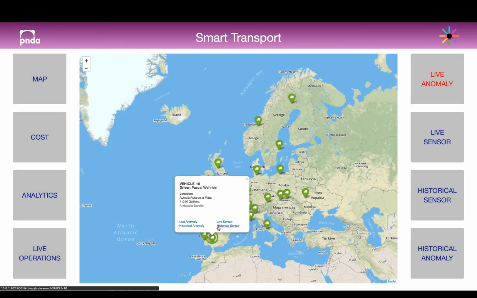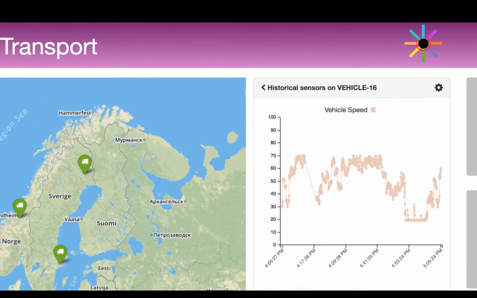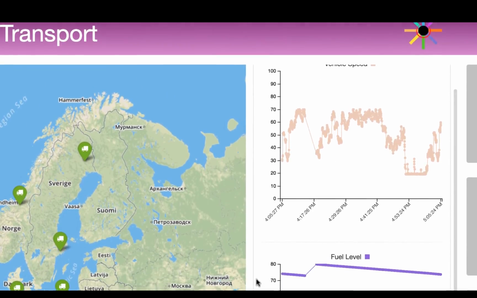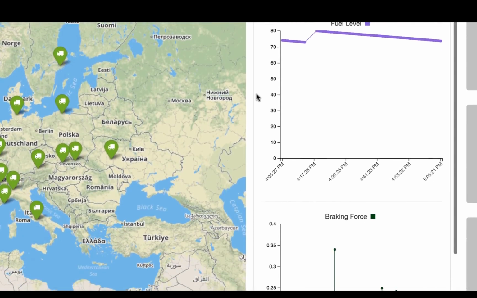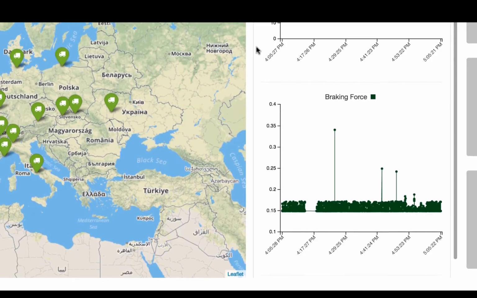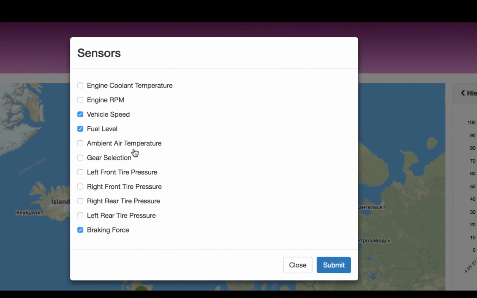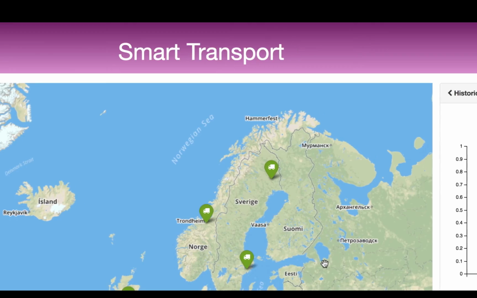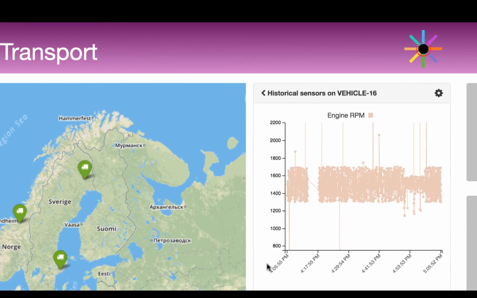So just to illustrate the fact that that data is stored in a database, we can click on a vehicle, and then over a specific period of time, we can see the tracked or recorded values of individual sensors. And while the sample set is small right here, basically the same thing will happen as the system is scaled up to real-world numbers using real-world data sets.